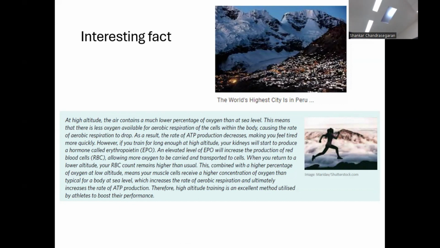Fun facts. So we've looked at oxygen availability and how that can trigger aerobic versus anaerobic, but some people have actually evolved to combat this. For example, there are people who live at a very high altitude, such as a city in Peru that is at an altitude so high that the oxygen content in the air is very, very low compared to somewhere at ground level here.